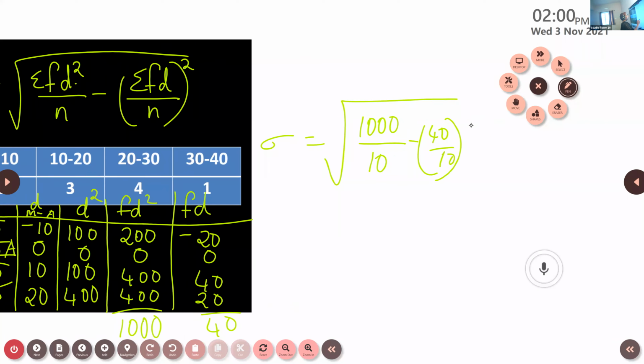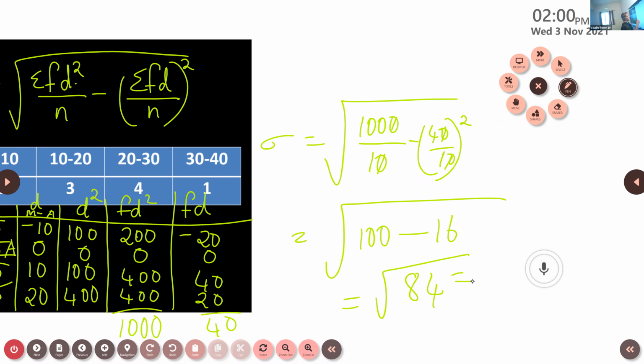Then we can cut this. So here 100 minus, 4 square is 16. You will be getting 84. Same as the previous answer. So that is equal to 19 point, sorry, not 19. It is 9 point.